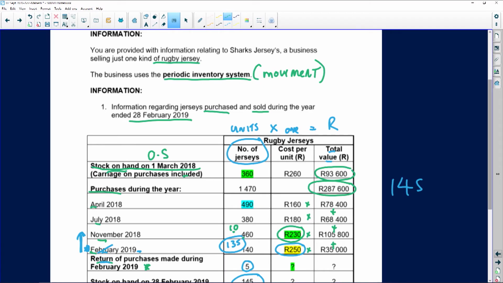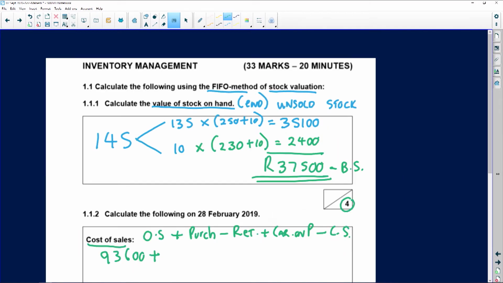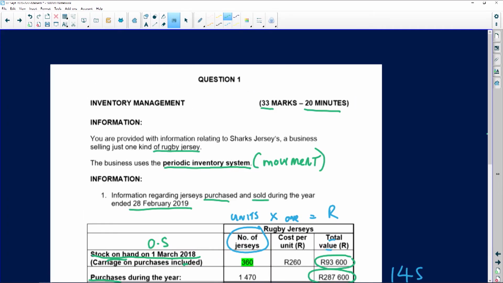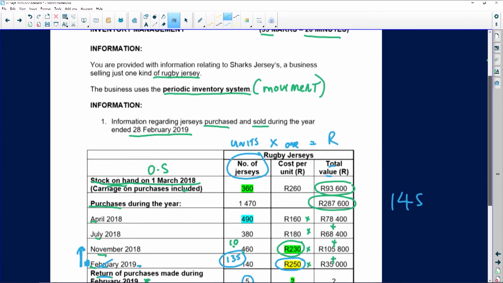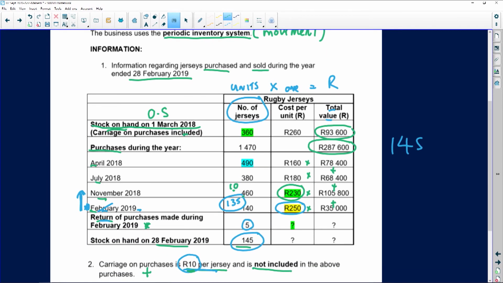So 287,600. So plus 287,600. Okay. Minus returns. So remember, returns obviously decreases the amount of stock that you have in your shop. So your returns of purchases made during February. So remember, 5 jerseys, and in February, each jersey cost us 250.